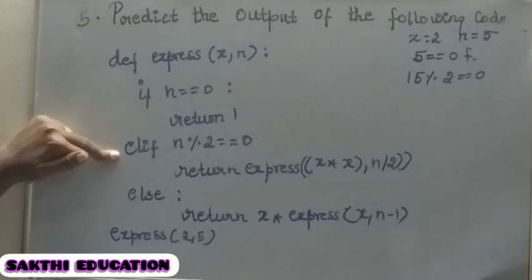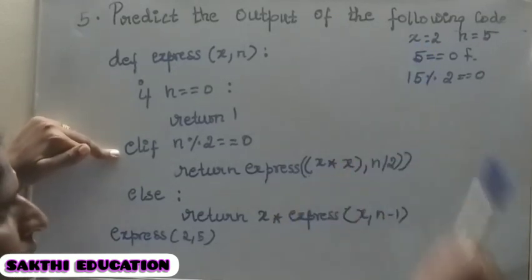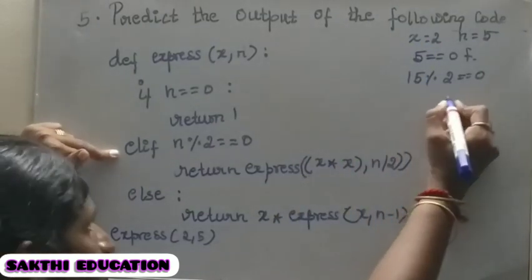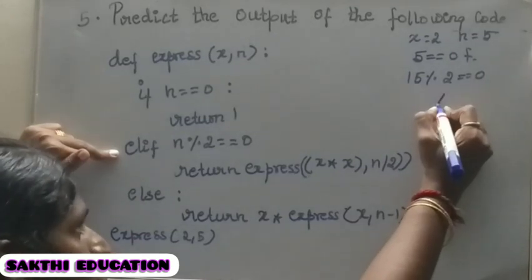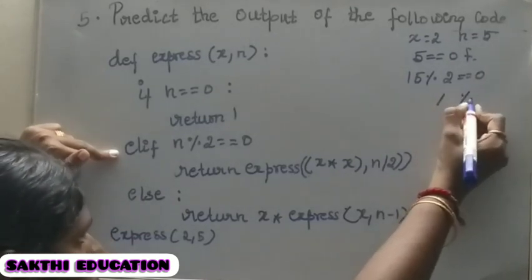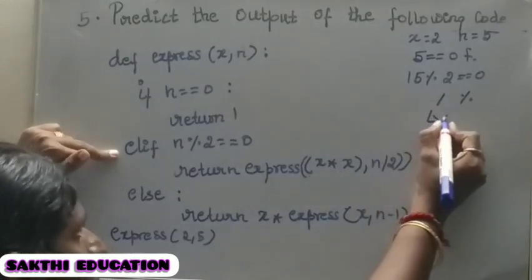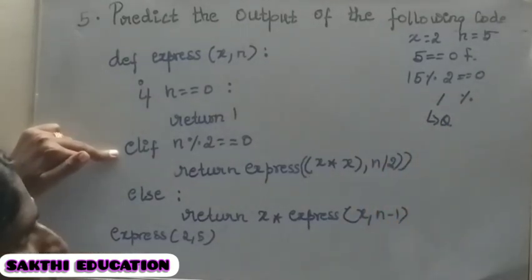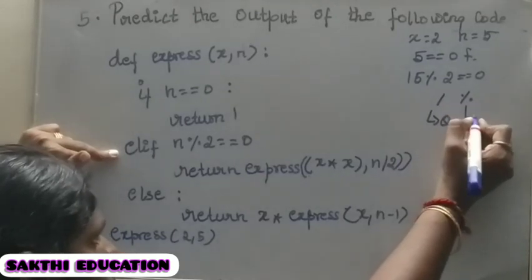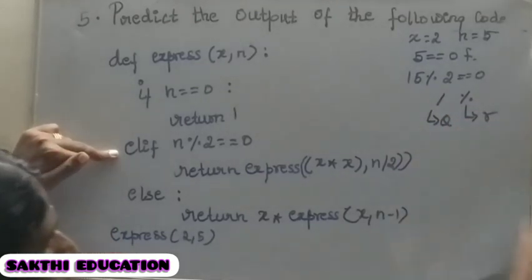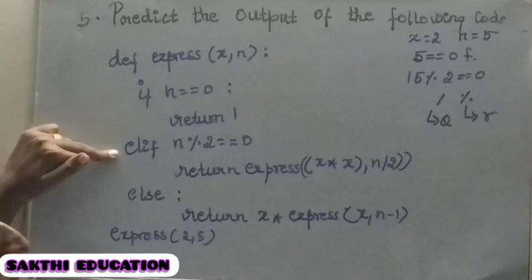Before entering this check, we have to find the difference between the slash operator and the modulus operator. The slash operator will provide the quotient as a result. The modulus operator will provide the remainder as a result. That is the difference between the slash and modulus operator.